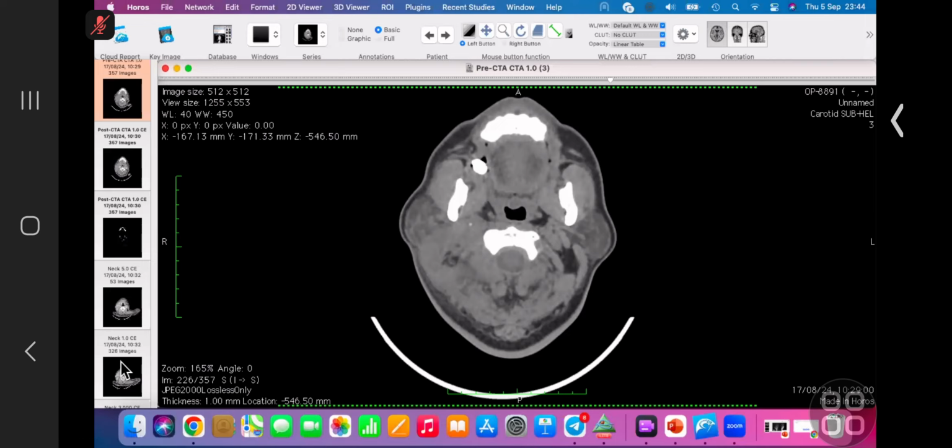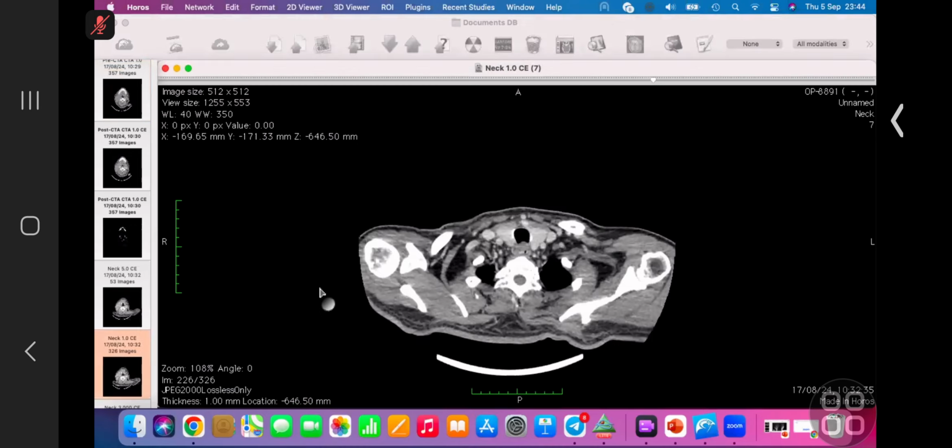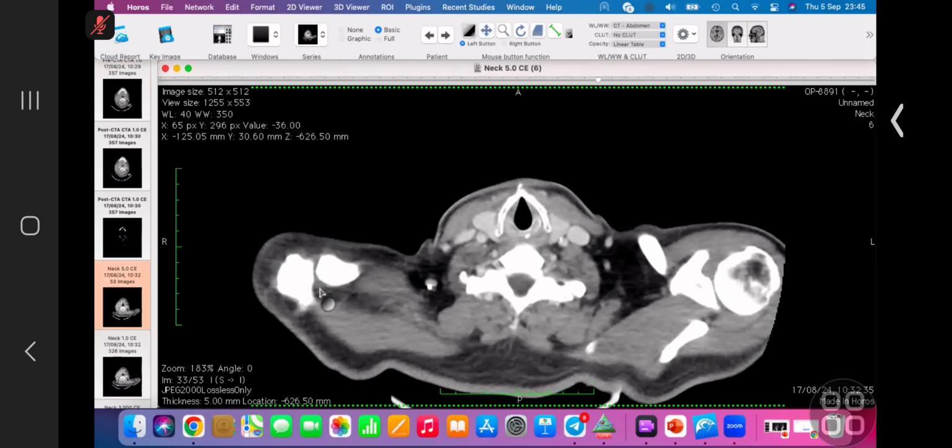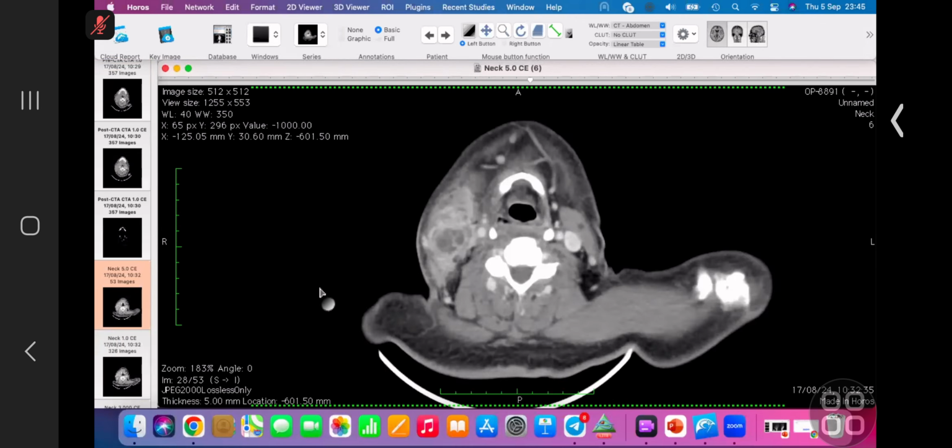So in contrast, let me just show you the findings. Can you see the right internal jugular vein is not seen at all? See the left internal jugular vein. The internal jugular vein on the right side is not seen as we keep tracing.